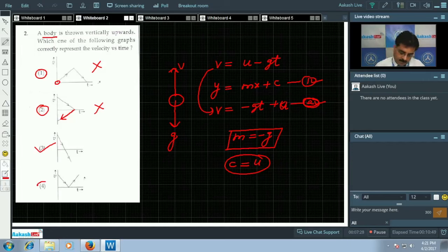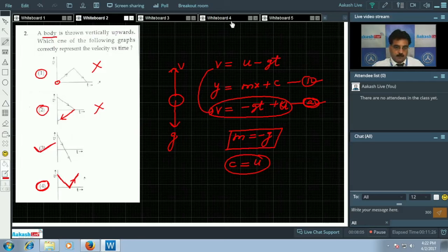But if anybody asks you what is the reason for graph number 4, graph number 4 will show a speed time graph, because velocity may be negative but speed can never be negative. But this graph represents the situation of equation number 2, our ball's condition, our motion's condition. What graph number 4 is showing is in terms of speed. So we are not going to take option number 4. So my final option is third.